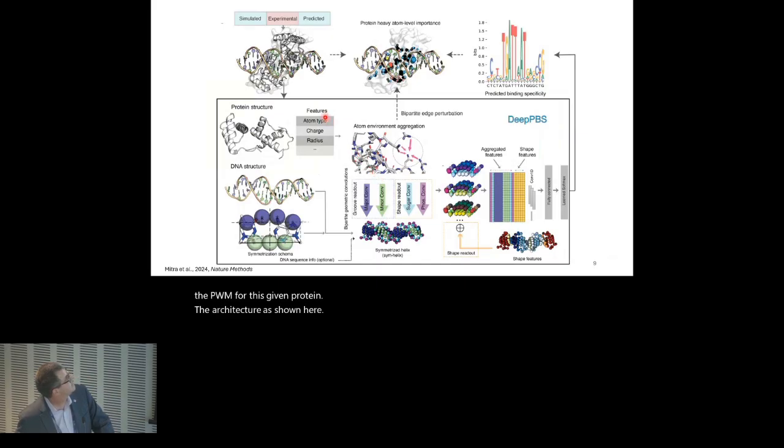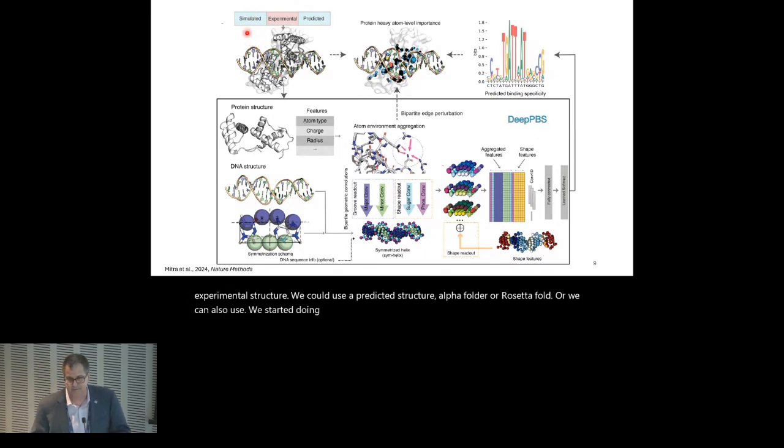This is a little complicated, but the input here shows we could either use an experimental structure, we could use a predicted structure, AlphaFold or RoseTTAFold, or we can also use, and we started doing this, MD simulations and use different snapshots of a complex to see if it affects protein-DNA binding specificity.